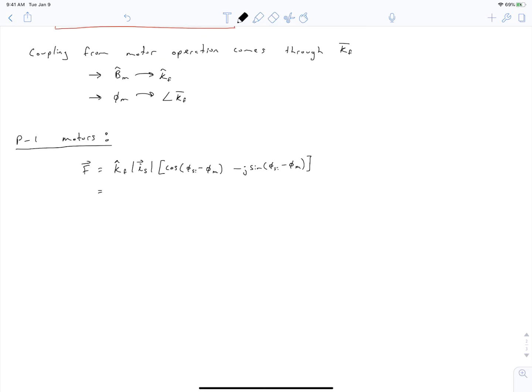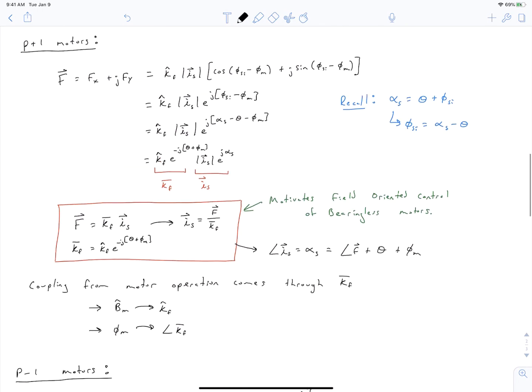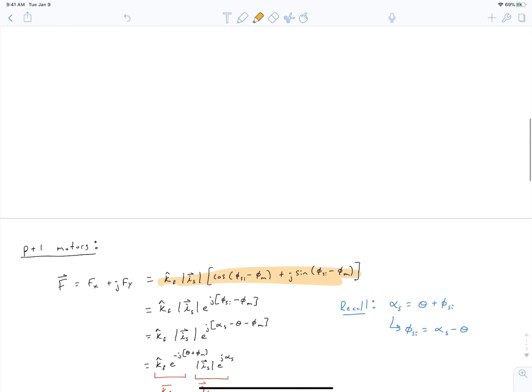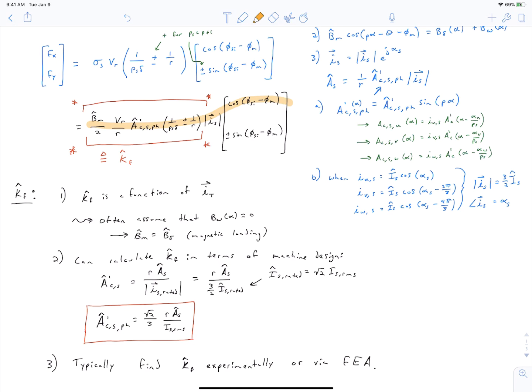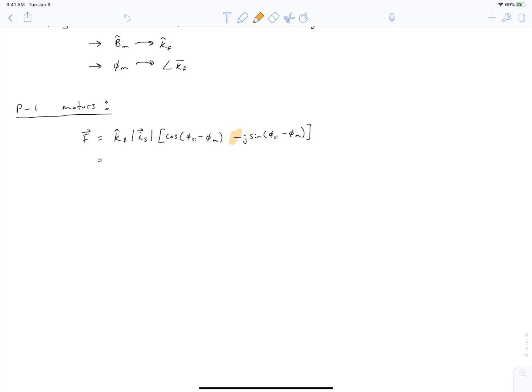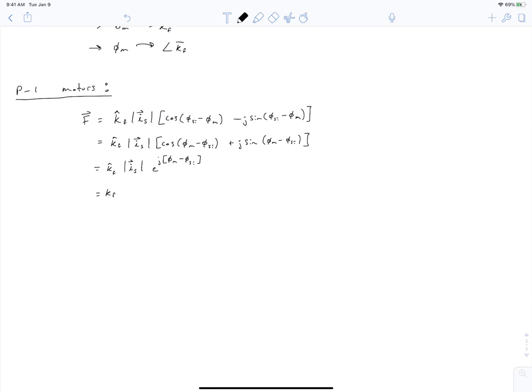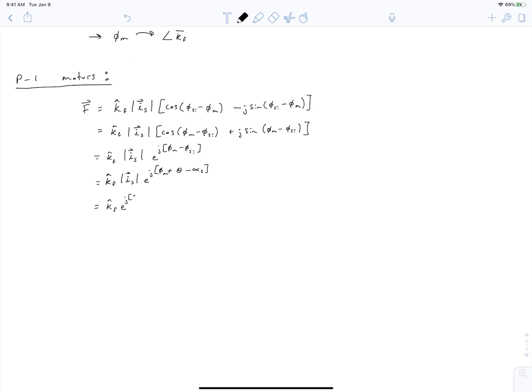And so you can see I've written out the equation, which we had up here, which was from this matrix. I've now written this out following the P-1 case, which puts a negative in front of the sign. And here we see that negative. So we'll work with this until we get in this form here.